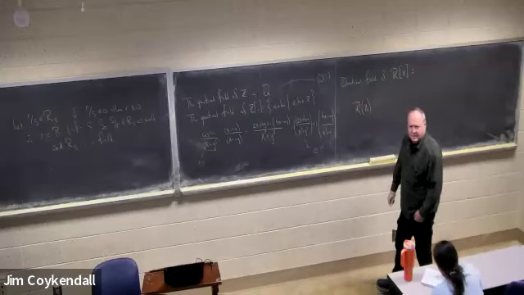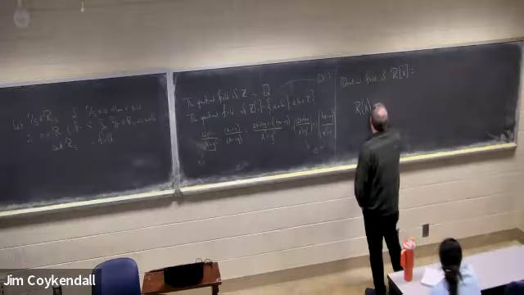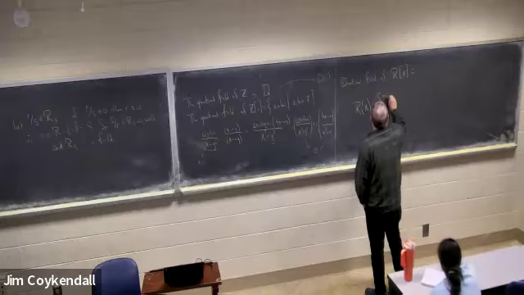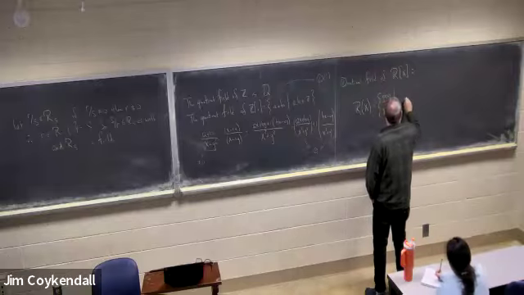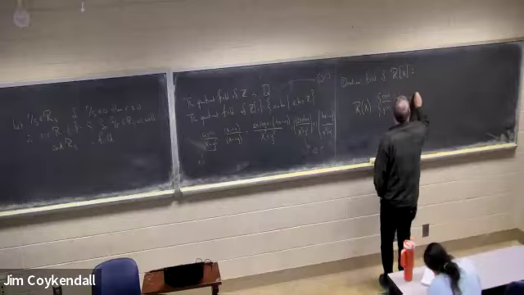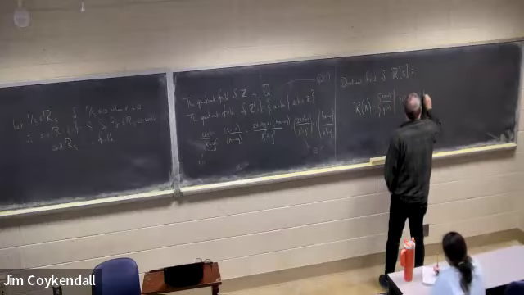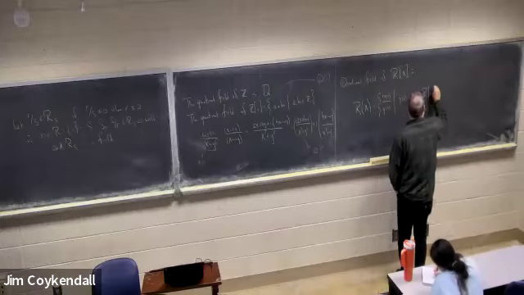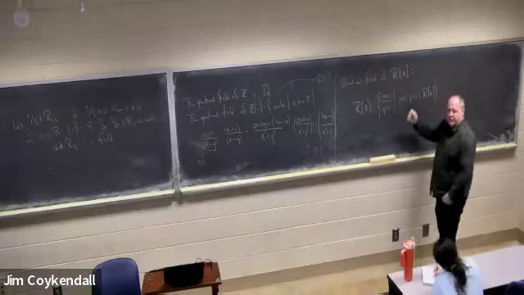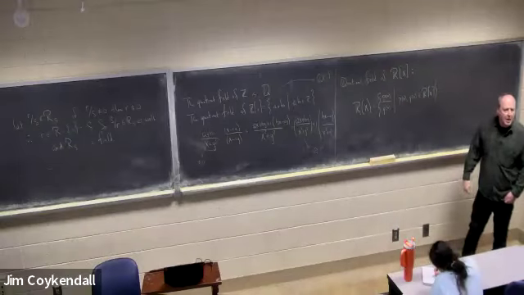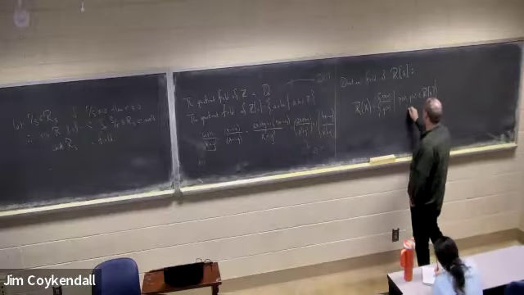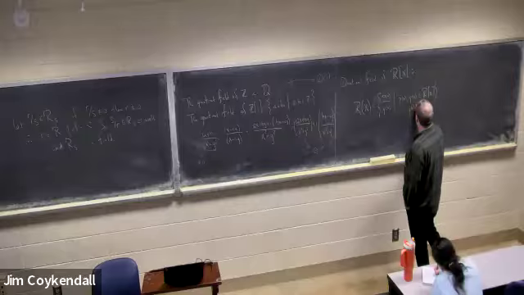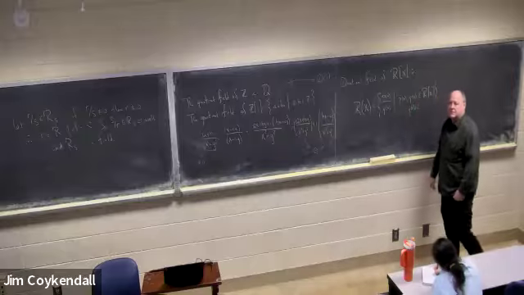It's often written R(x). This is just P(x) over Q(x), where P(x) and Q(x) are polynomials. This is just a quotient of two polynomials, as long as Q(x) is not the zero polynomial.